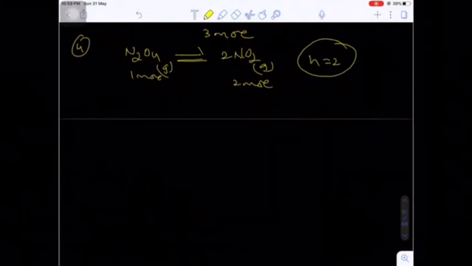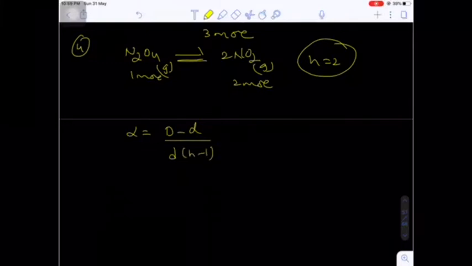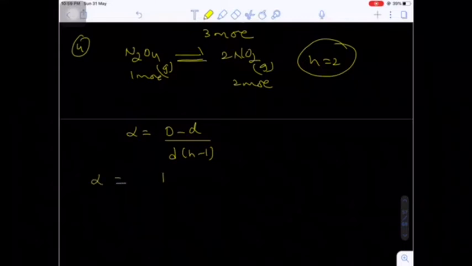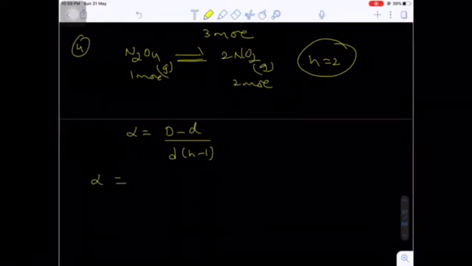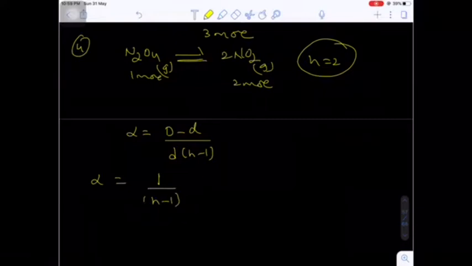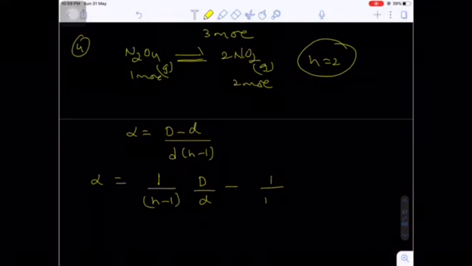Okay. Now next, alpha is equal to (capital D minus small d) by small d into (n minus 1). Now what I am doing here, alpha is equal to 1 upon n minus 1 into capital D by small d minus 1, since small d gets cancelled.